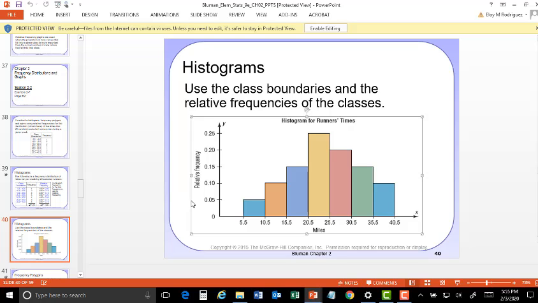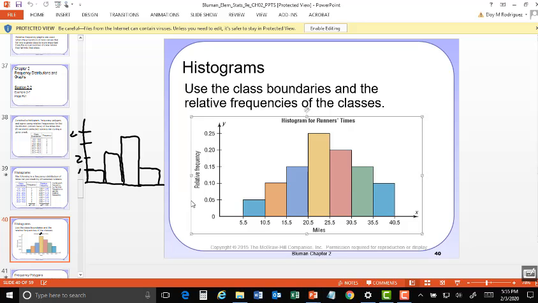Okay, let's do the scale here. And this is exactly the difference between the histogram and the frequency graph. In the frequency graph, we would have 1, 2, 3, 4, and 5. This scale is the same scale, except we took every one of these and divided by 20.